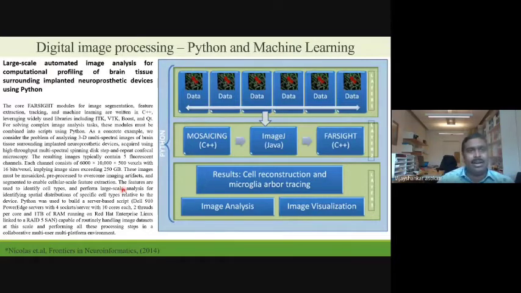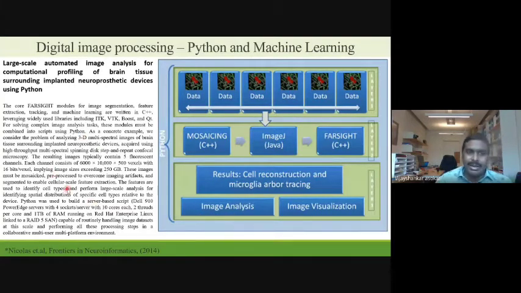This is how it is explained from the profiling of brain tissue surrounding implanted neuroprosthetic devices. So those data sets are imaged here. That's how it's combined with the software, cell reconstruction and image analysis.